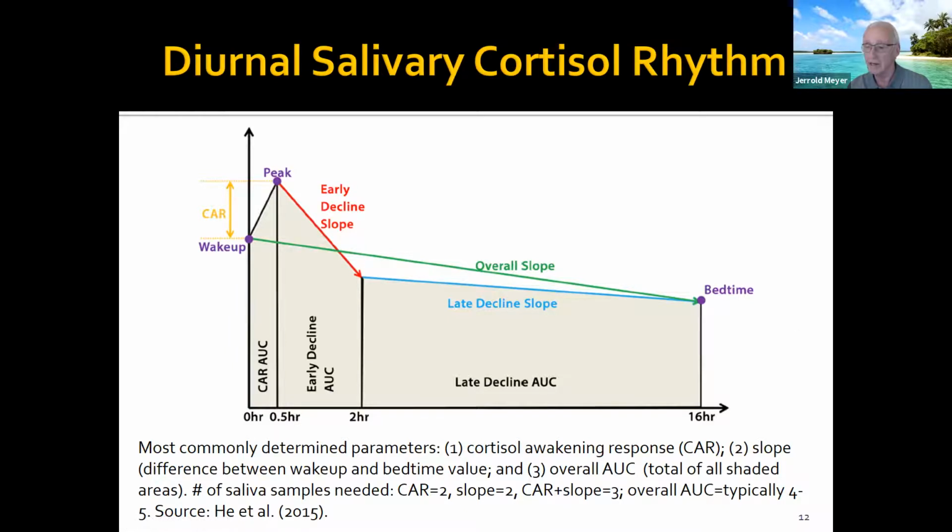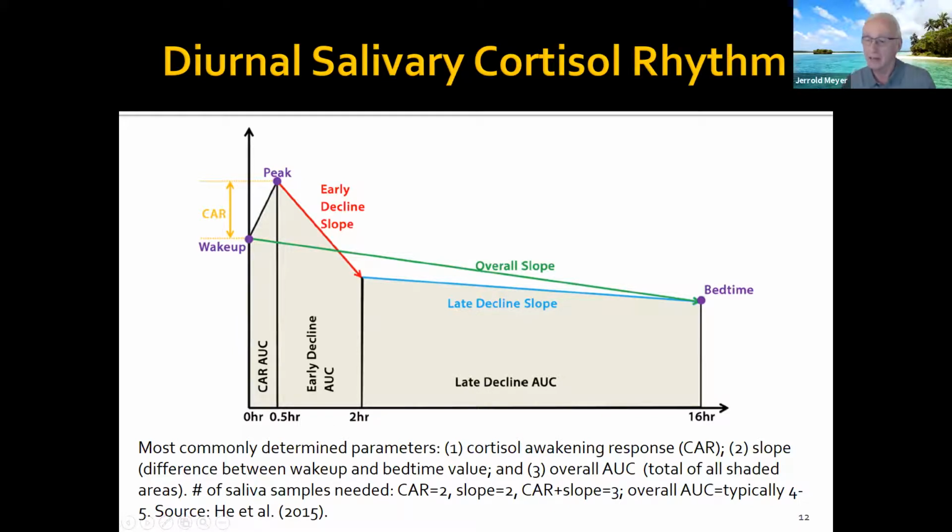And then in the wee hours of the morning, I can't say exactly when, the system starts to activate again. Cortisol levels start to go up from that low level here at night and to reach this point. And it does this every day, day after day.